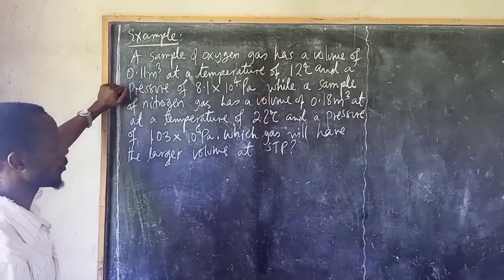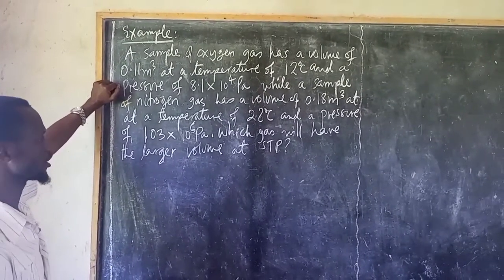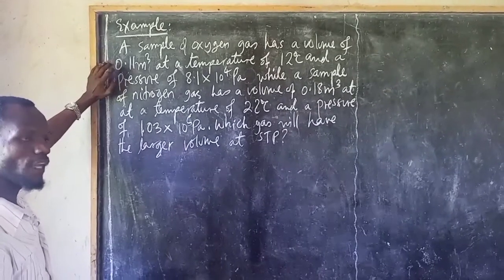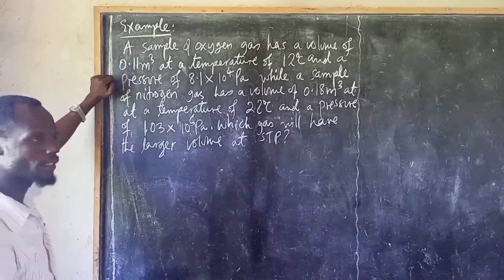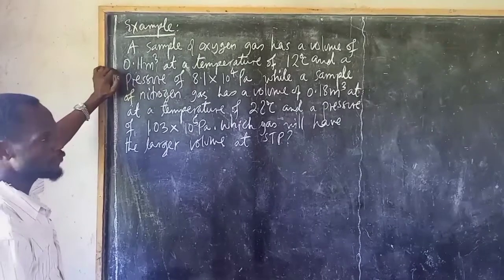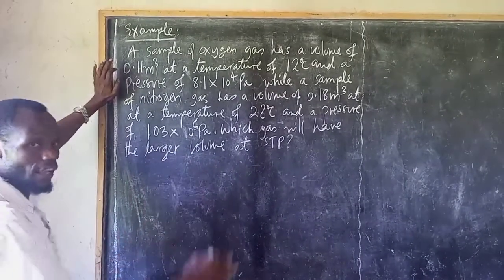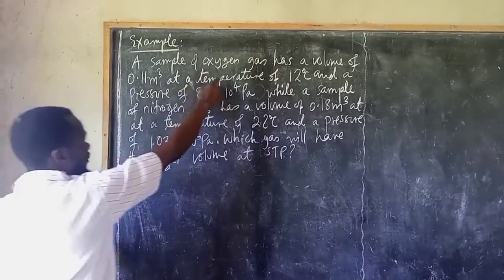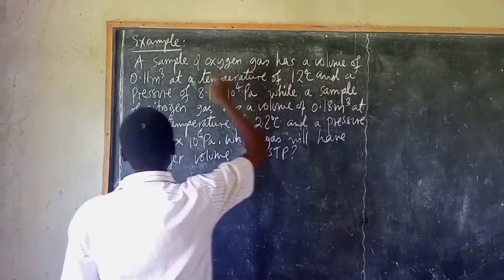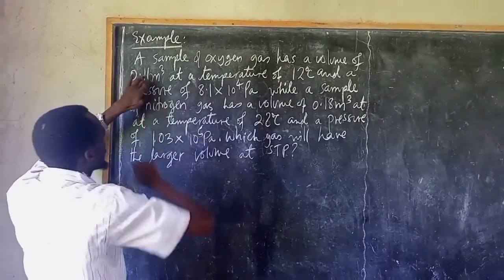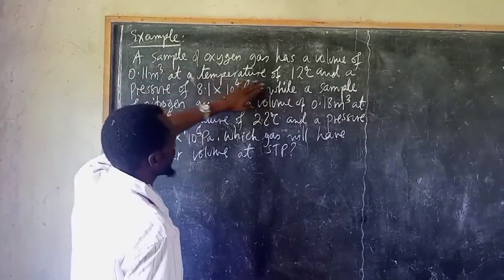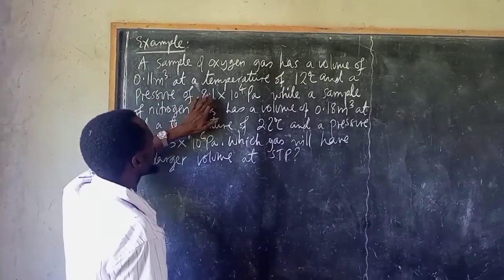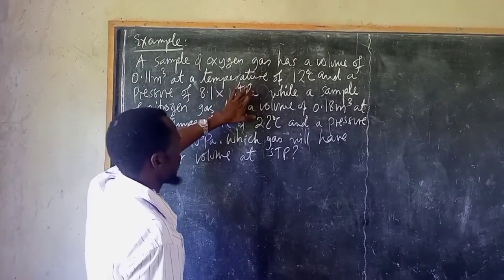This is an example that can apply the general gas equation. If you want to know how the general gas equation is applied, you look at the equation. If you find all the factors that are there, that is the general gas equation. Now we have a sample of oxygen gas with a volume of 0.11 meter cubic at a temperature of 12 degrees Celsius and a pressure of 8.1 times 10 raised to power 4 Pascal.